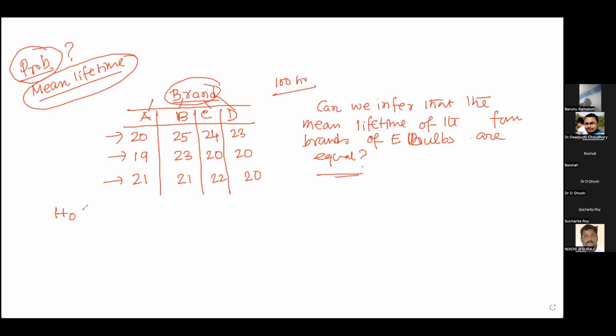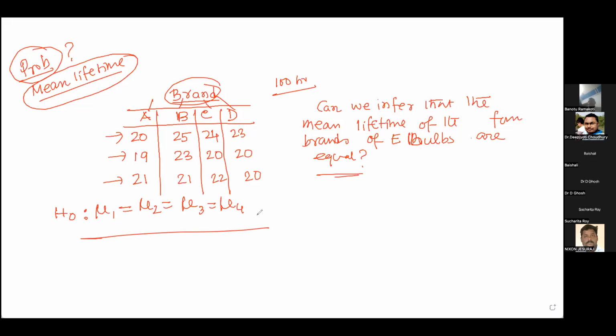That means we would like to formulate the null hypothesis in this fashion, that we assume the mean lifetime of the 4 brands of electric bulbs are equal.